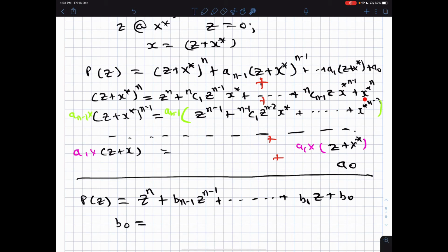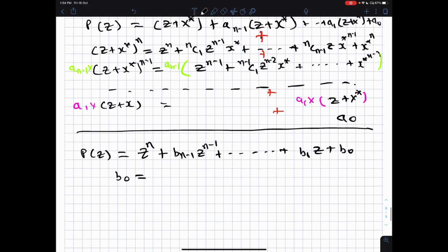The first term gives the contribution of x star to the power n. Then the second term gives the contribution of a n minus 1 into x star to the power n minus 1. The last but one term gives the contribution of a1 into x star, and then finally I add a naught.